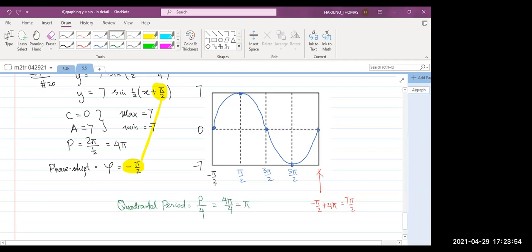Means from the phase shift, you add pi, you get this, you add another pi, you get this, add another pi, you get this, add another pi, you get this. Okay, so the first way, the one I like, is I do midpoint, midpoint, midpoint, midpoint. Another one is you do quadrantal period. So you take the period divided by 4. And that's what you keep on adding from the phase shift.